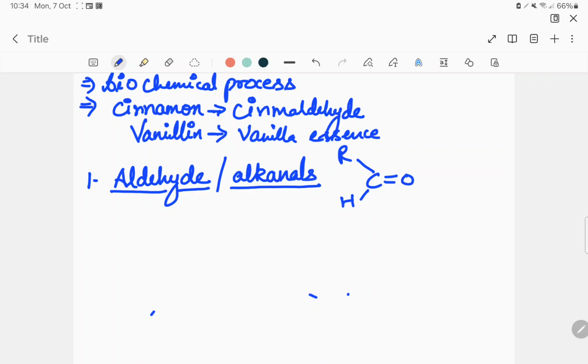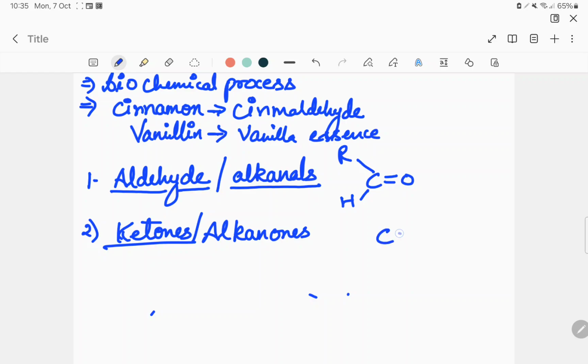These are aldehydes. Second is ketones. These are also known as alkanones, and they have their general formula.